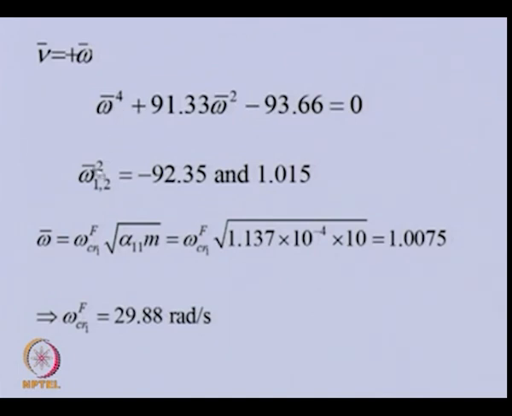So, they can be solved, but here one of the roots is coming negative. We observed this earlier also: one of the forward critical speeds is not feasible, only one is feasible.